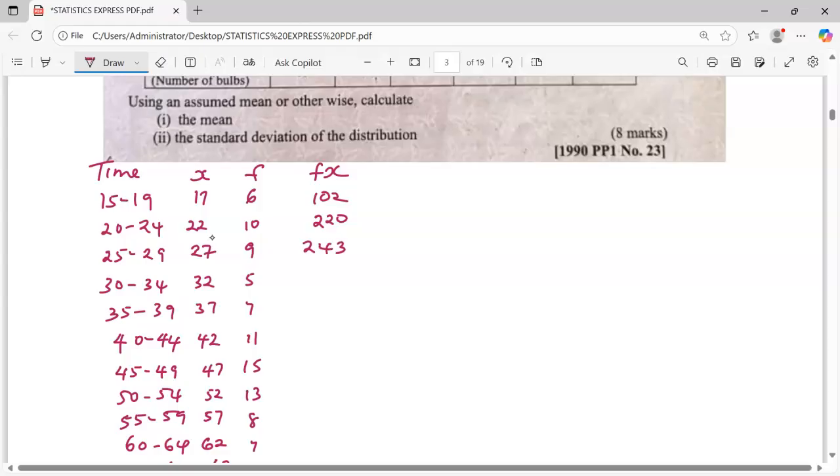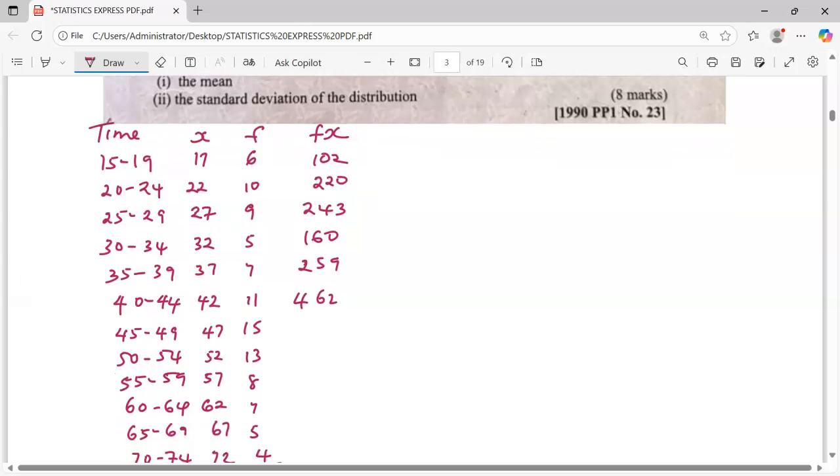Then 32 times 5, you get 160. 37 times 7, you get 259. Then we have 11 times 42, which gives us 462. 47 times 15, you get 705.